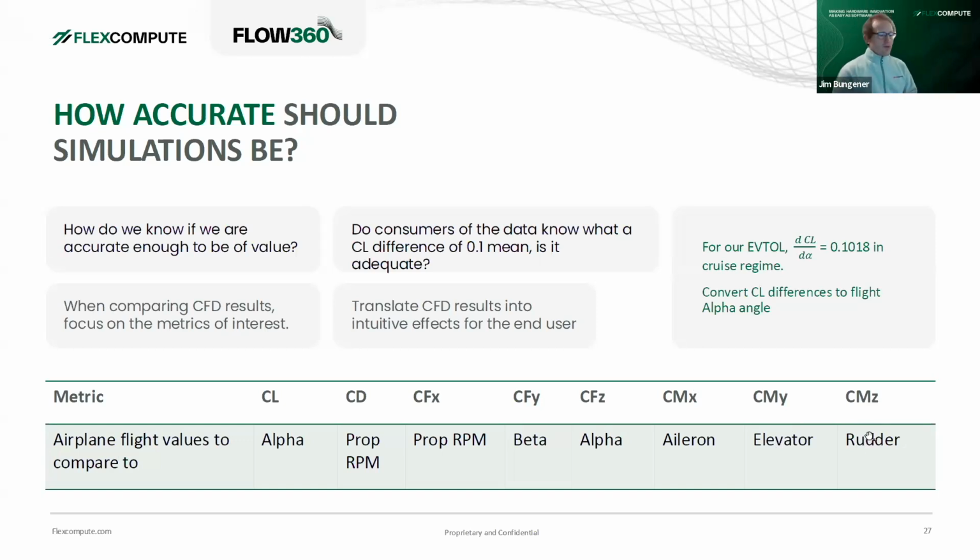So going back to the point earlier about mesh sensitivity studies, if you make the effort ahead of time to think about what units, what words the people that are going to be looking at your CFD results think in, and what they're used to seeing on the data, and you transform your CFD data into that language, then you can go to them and say, how accurate do you need me to be?